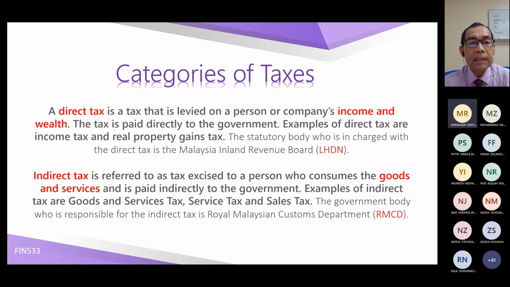However, indirect tax, goods and services, is not under LHDN. It will be under another government body called the Customs kan. Okay. Ada dua government agencies which collect tax. One is LHDN and the other is the Customs.